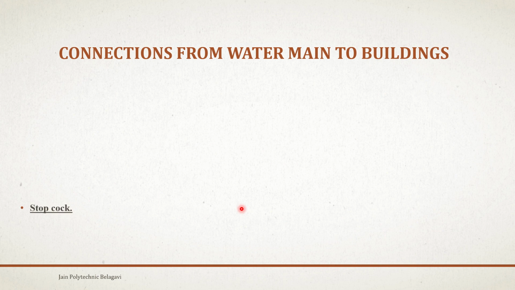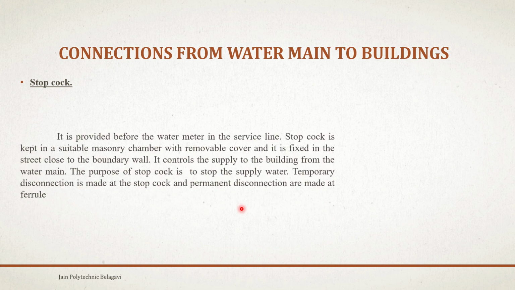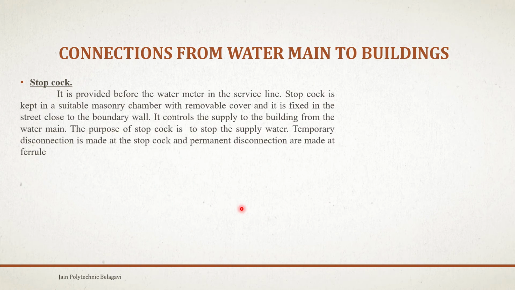Next, we will be understanding the different connections. The stopcock is provided before the water meter in the service line, and after the water meter also. In the consumer's house, we will be using these stopcocks. Stopcock is kept in a suitable masonry chamber with removable cover, and it is fixed in the street close to the boundary wall.